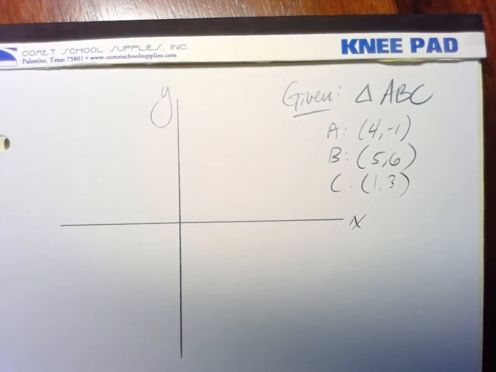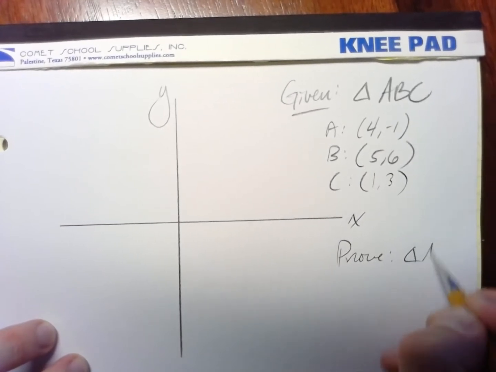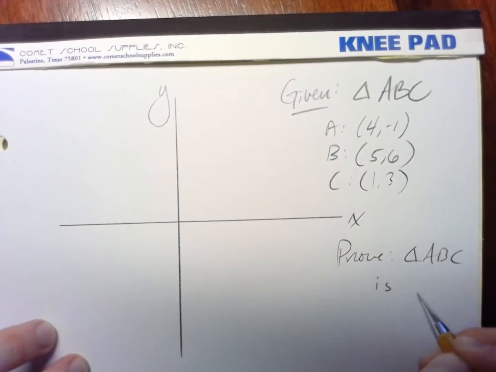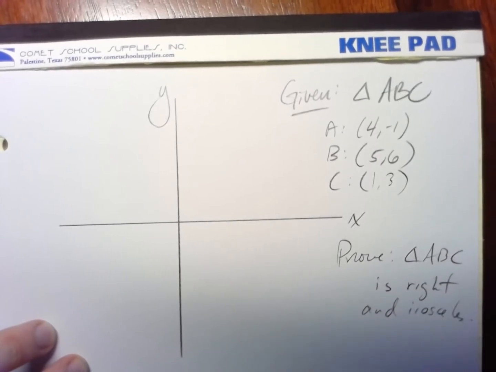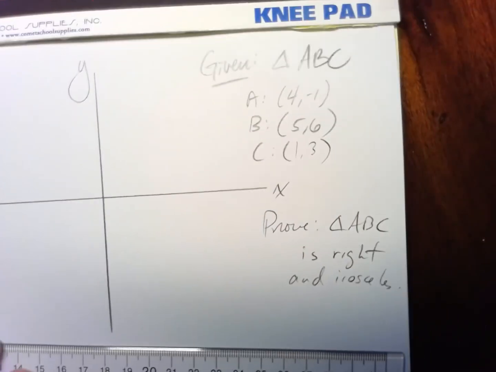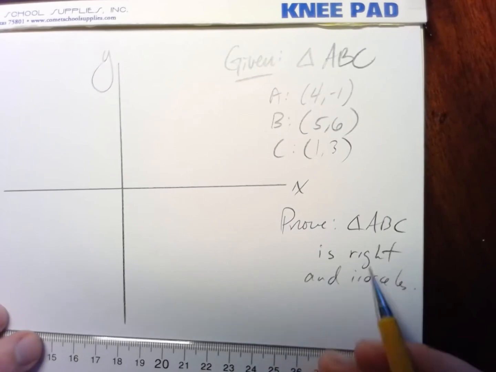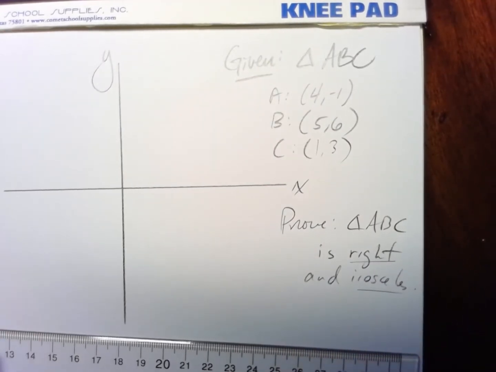So I'm given my vertices, and I need to prove that triangle ABC is right and isosceles. So right would mean a perpendicular angle, and isosceles meaning it has two sides the same.